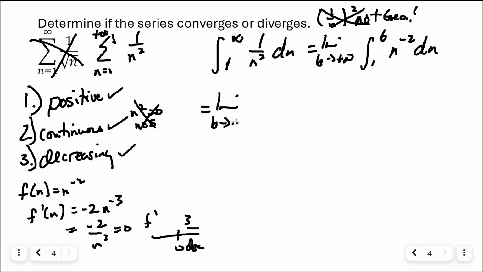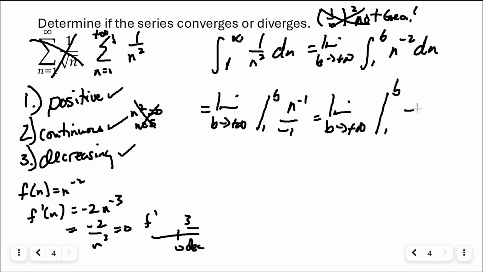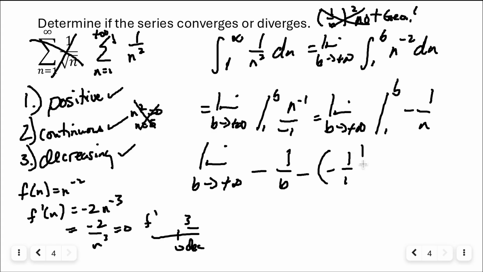So the limit as b goes to infinity from 1 to b of n to the negative 1 over negative 1, which is negative 1 over n. So that's the limit as b goes to infinity of negative 1 over b minus negative 1 over 1. The limit as b goes to infinity of 1 over b is 1 over something large. That goes to 0. These two negatives make a positive, and 1 over 1 is 1. So the limit is 1.